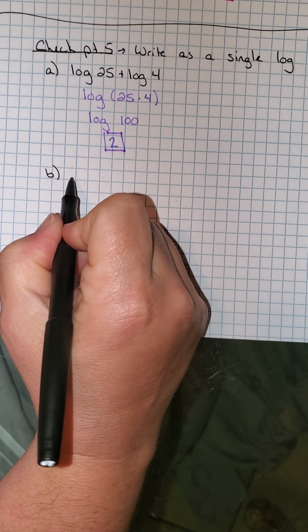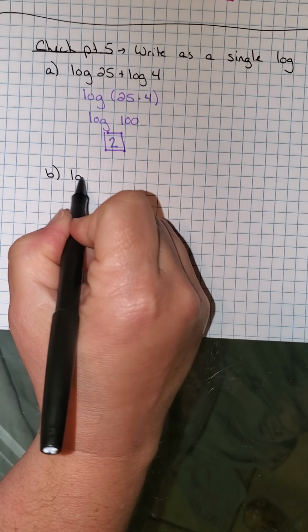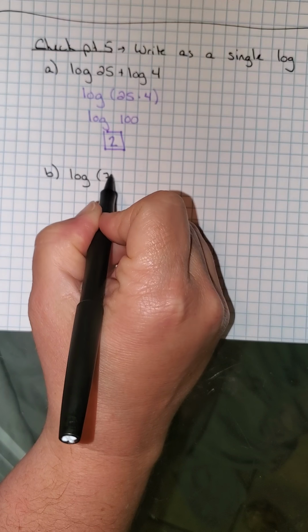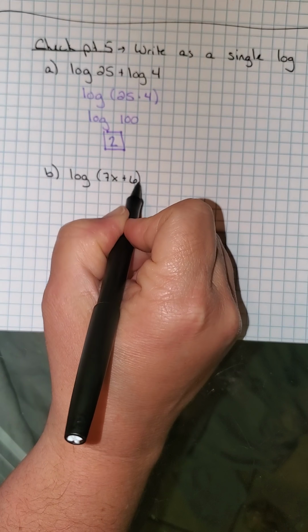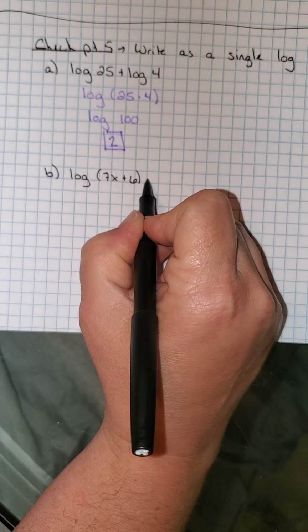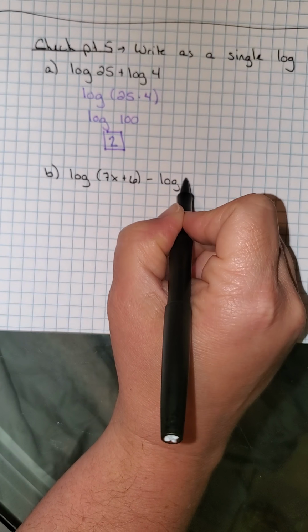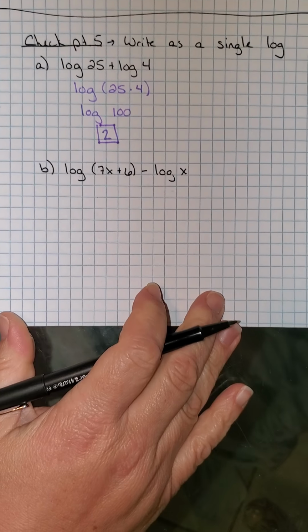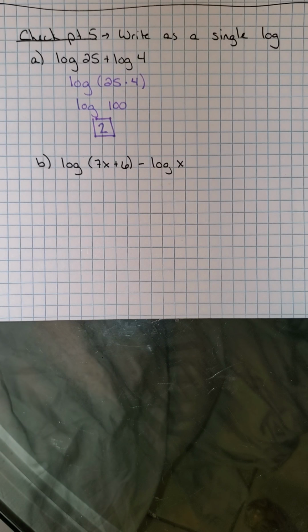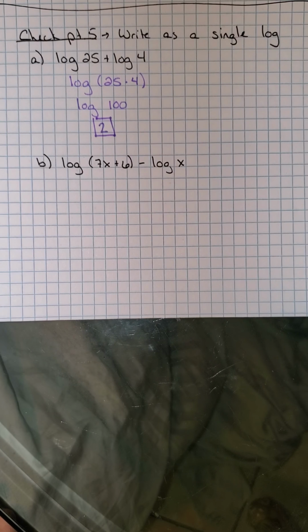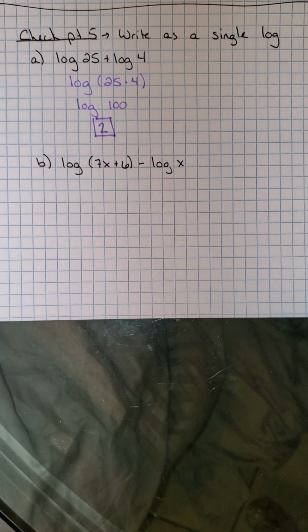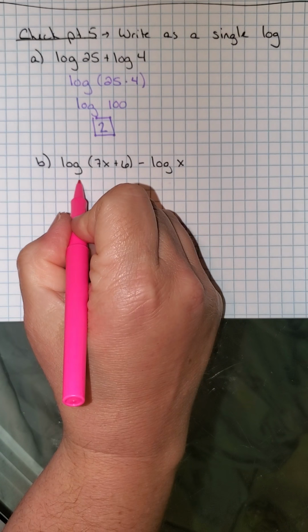Problem B, we have the log of 7x plus 6 minus the log of x. Okay, so 2 logs with a minus becomes division.